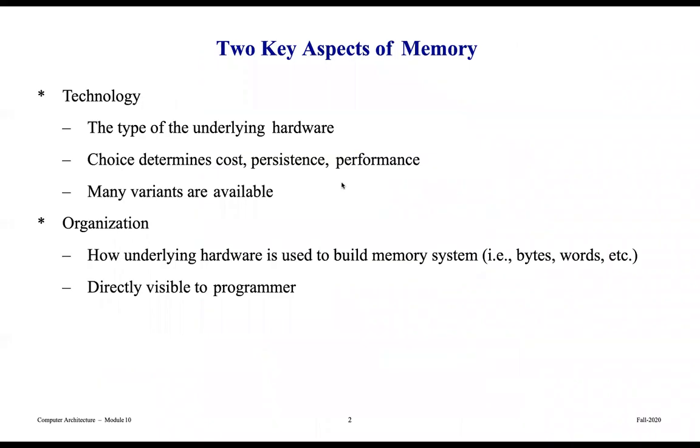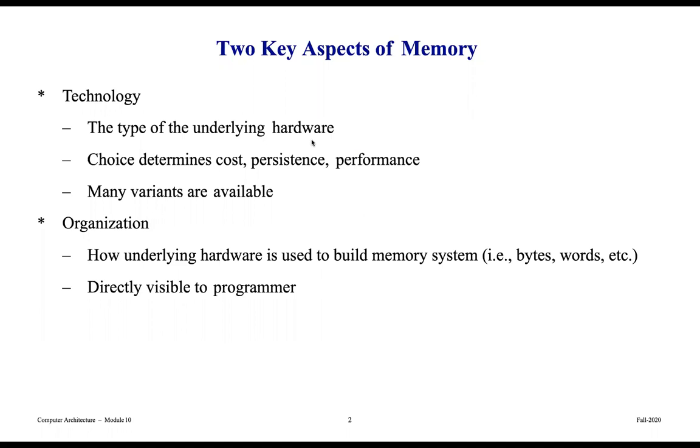And so here's a couple of key aspects of memory. There's a couple different technologies that are out there, and it's interesting to be thinking in terms of how they're organized. So first of all, in terms of technology, the technology refers to the type of the underlying hardware.